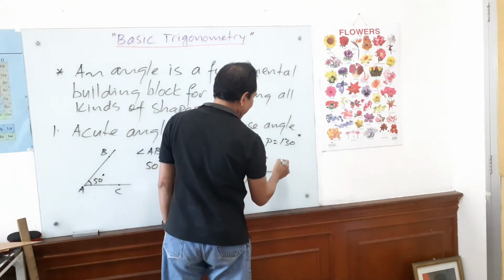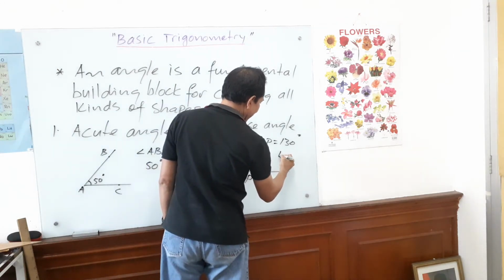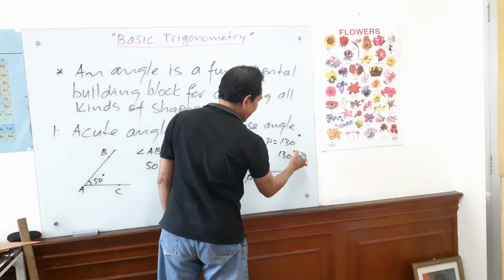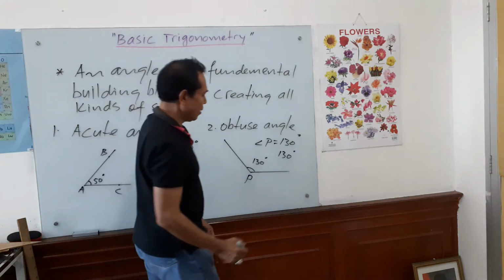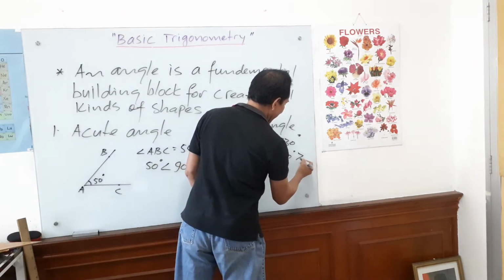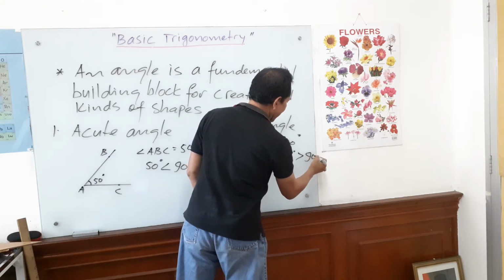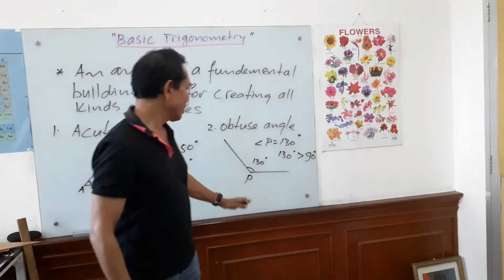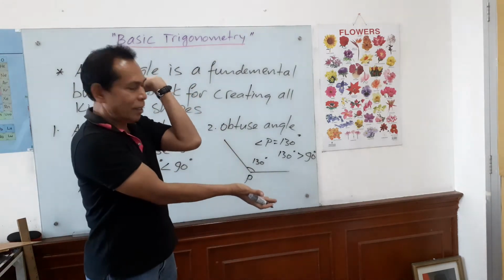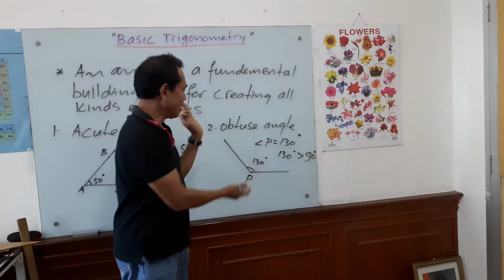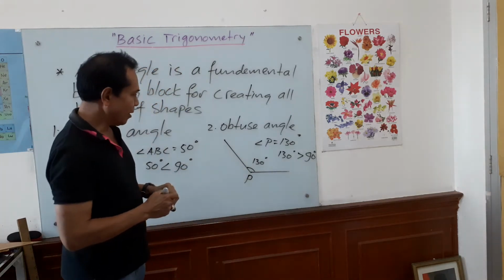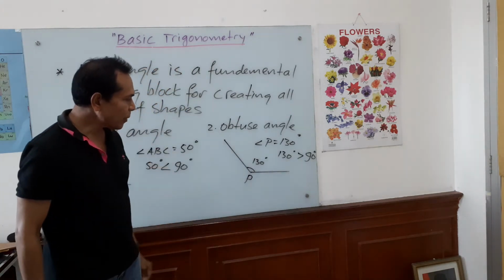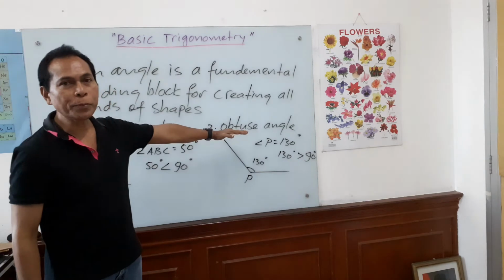Now, 130 degrees is bigger than 90 degrees. See here? It is widely open. So it is 130 degrees. It is an obtuse angle.